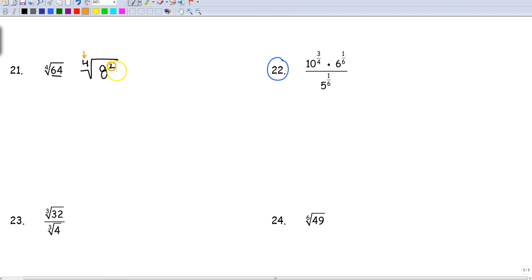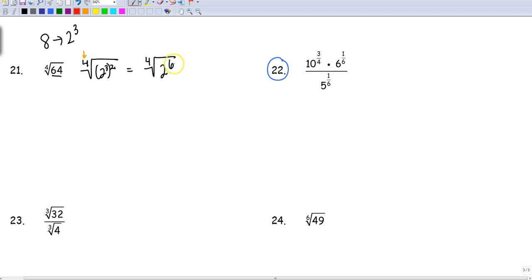The problem is the 8 isn't broken down all the way, so it really does have some extra numbers that can come out. 8 is the same as 2 cubed. All right, so we had an 8 squared under here, but what we really have is 2 cubed to the second power, which is 2 to the 6th.